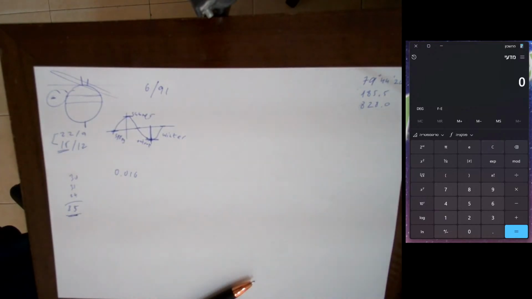Something wrong. 85 divided by 91, sine of that. That's weird.